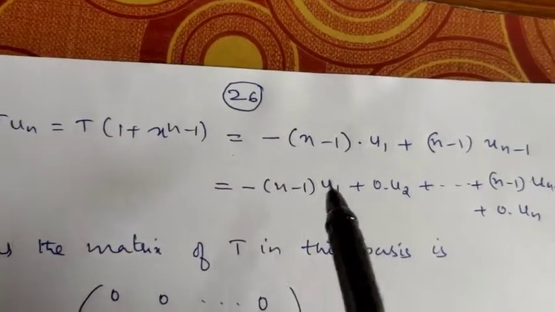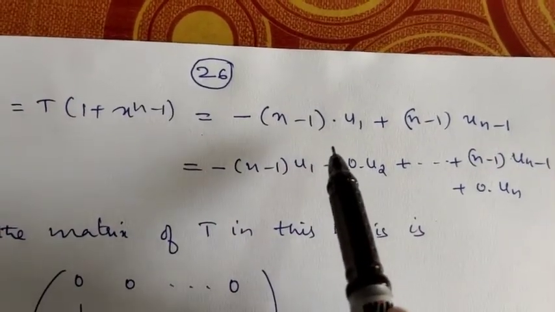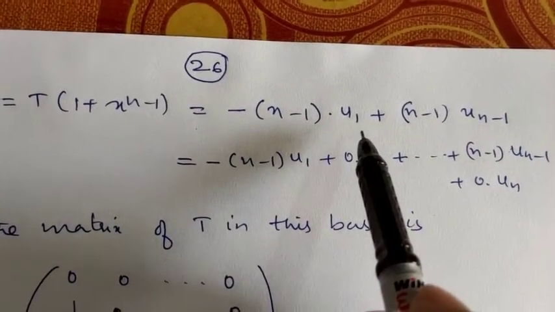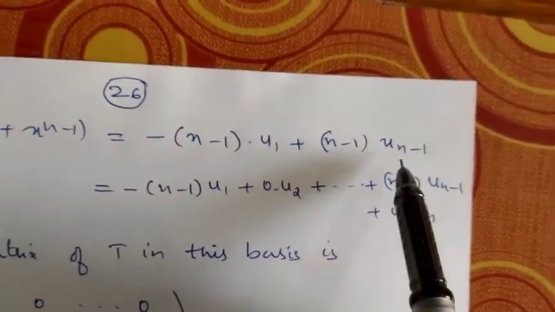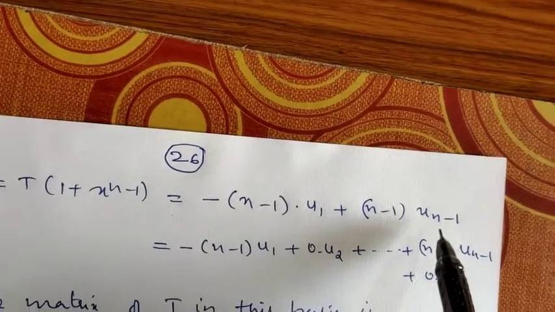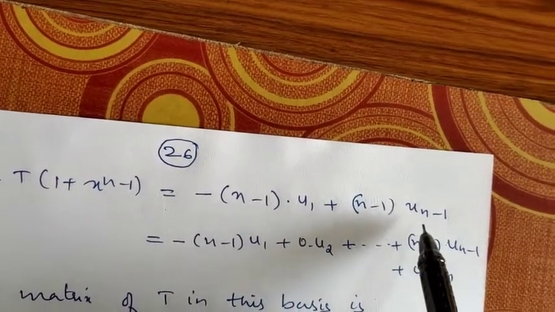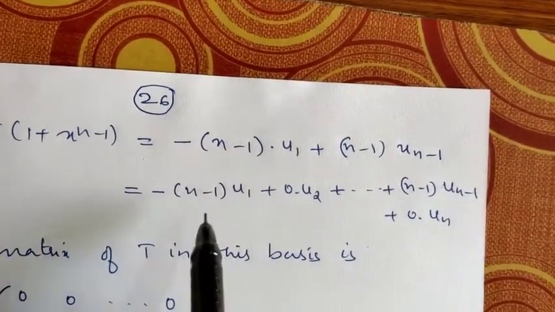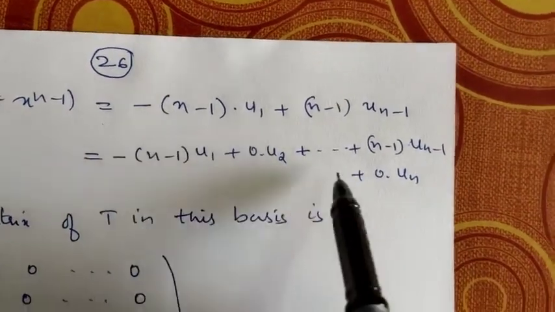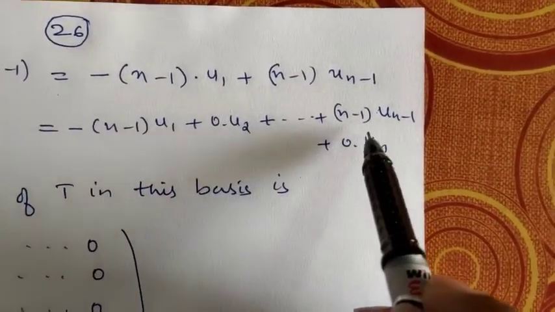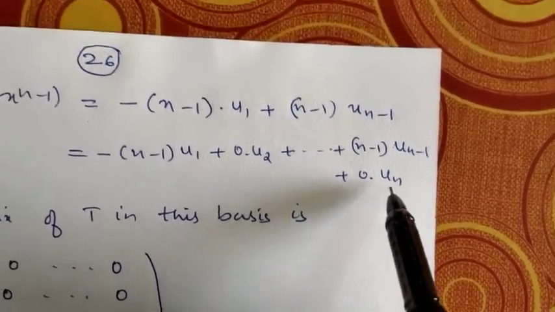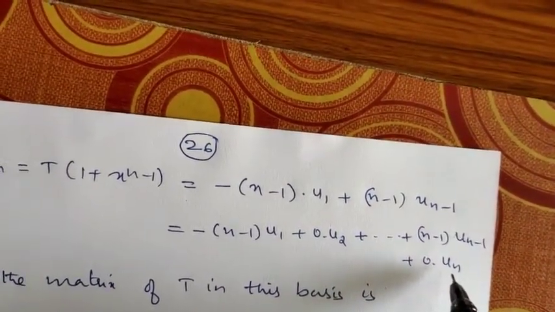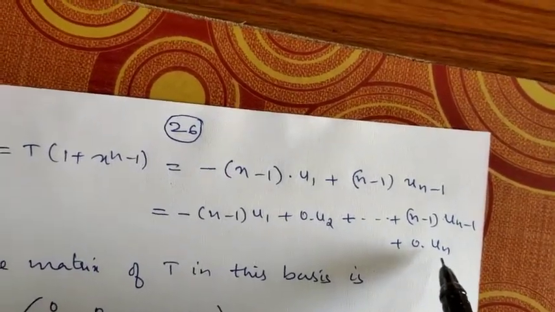So this is equal to minus n minus 1 into U1, plus n minus 1 into 1 plus x power of n minus 2, which is Un minus 1. Okay, this is minus n minus 1 into U1 plus 0 into U2 and so on, plus n minus 1 into Un minus 1 plus 0 into Un. Okay, understand now?